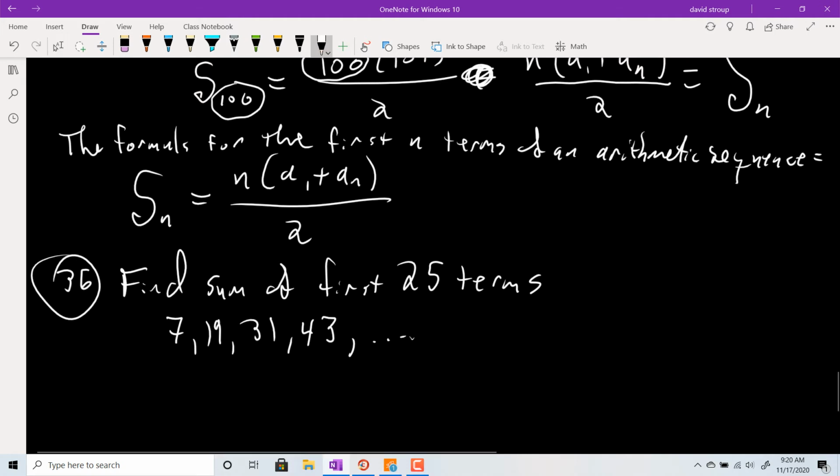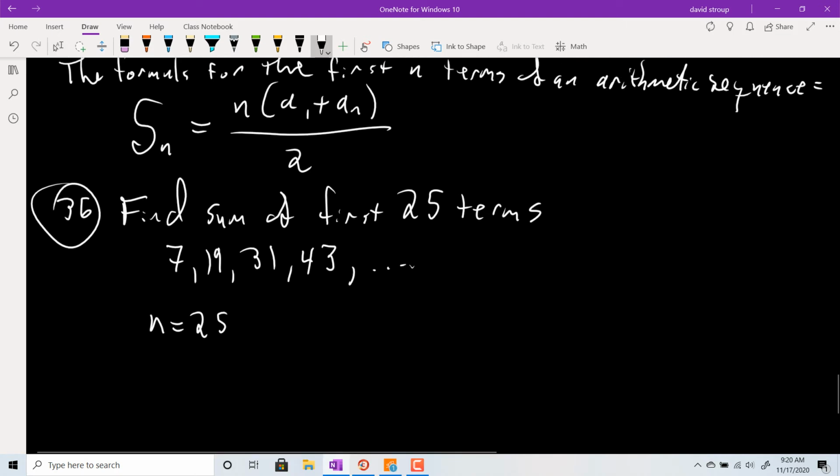For my formula to work, I need n. In this case n is 25. I need a sub 1. A sub 1 is clearly 7. And then I need a sub 25, because I'm looking for S sub 25. That's equal to 25 times a sub 1 plus a sub 25, all over 2.